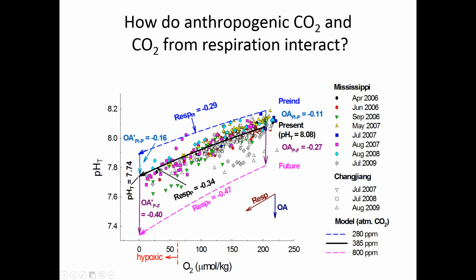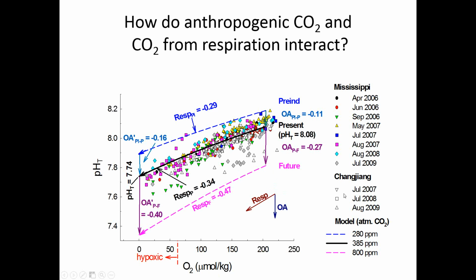Then we add respiratory CO2 into the system. Then it follows this line, decreasing oxygen and decreasing pH. The same if we hold alkalinity constant and increase DIC to a pCO2 at about 800 ppm, and then you add CO2 using the Redfield ratio of oxygen consumption, so you get this line.